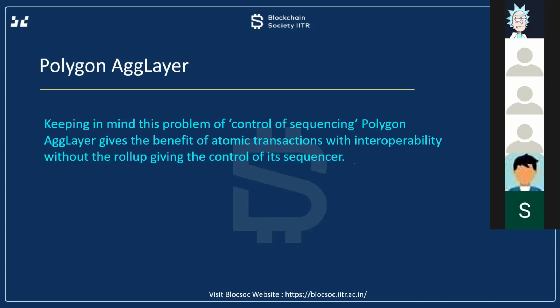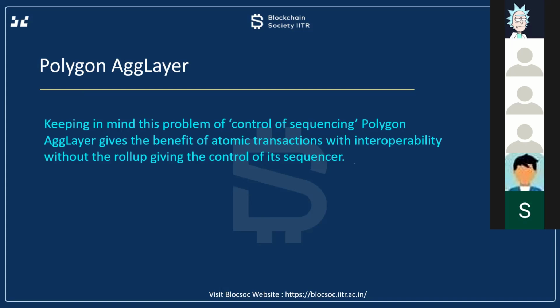So either I am getting a free mint from one chain, or I am losing all my assets on another chain. Both of these transactions either have to go through in the same block, or should not be accepted at all. So this is the atomic transaction scenario: either both of them will be accepted or both of them will be rejected.